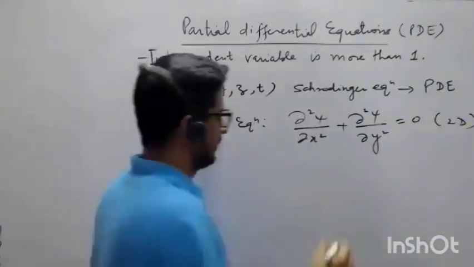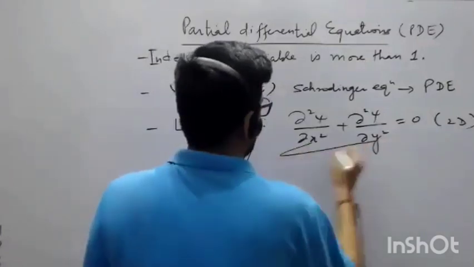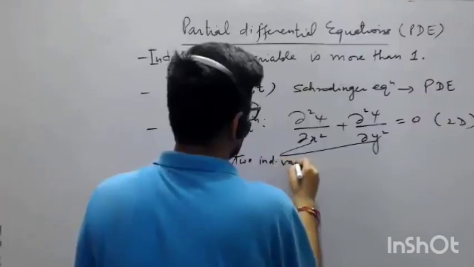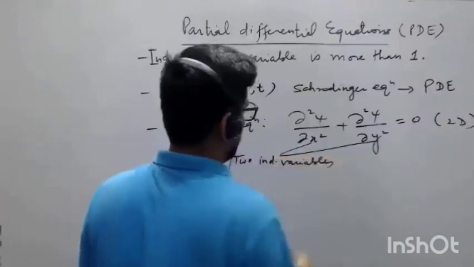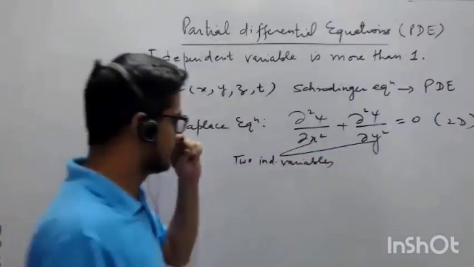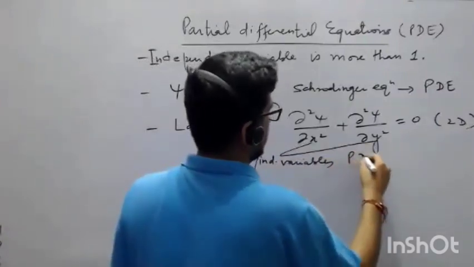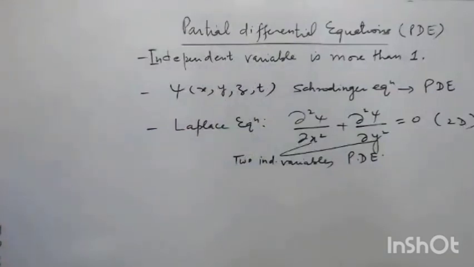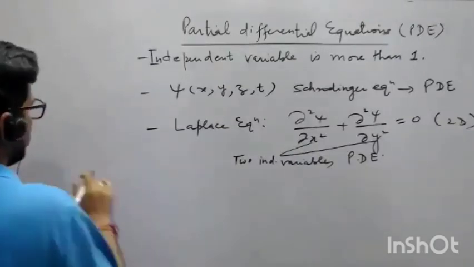So you can see that there are two independent variables, so it is a partial differential equation. So when you have two or more independent variables, then the equation is not ordinary, but it is partial.